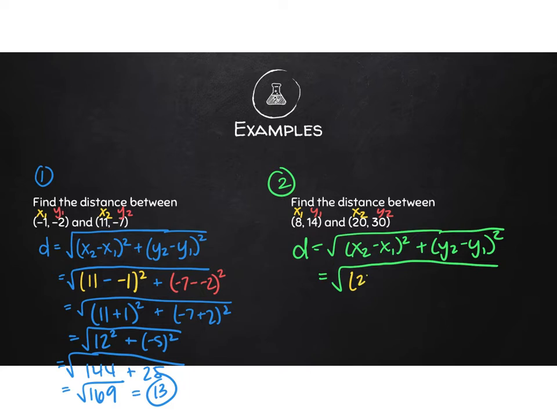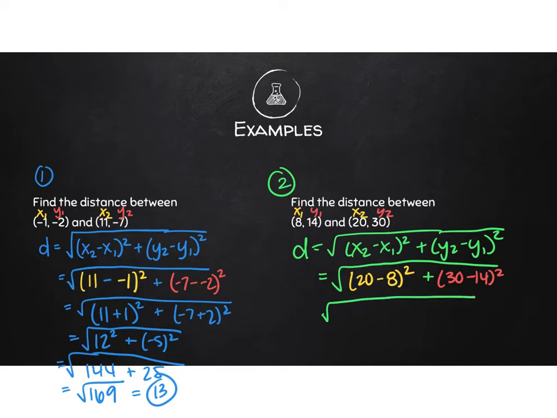So we have (20 minus 8) squared plus (30 minus 14) squared. Be very careful when you substitute those in that you're putting x2 first or y2 first, so be very careful. You need to make sure you're consistent.